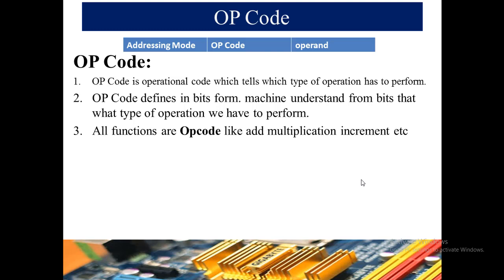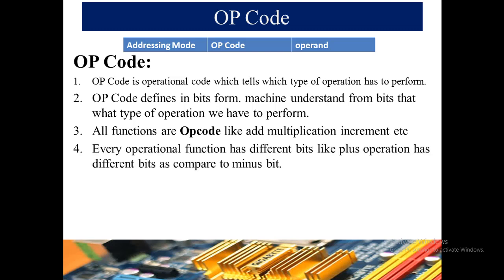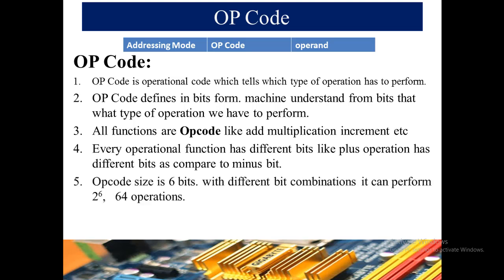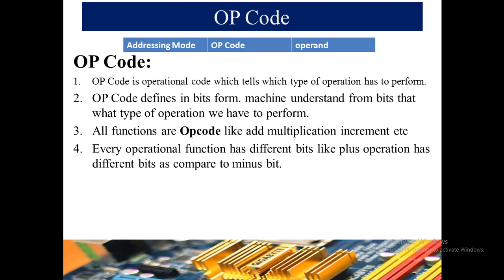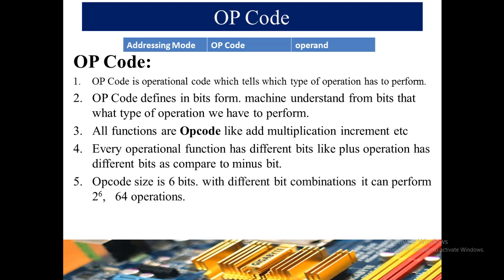All functions are opcodes, like add, multiplication, increment, etc., as we have discussed. Every operational function has different bits, like the plus operation has different bits compared to the minus operation. On the basis of bits, a processor infers what type of operation it has to perform.